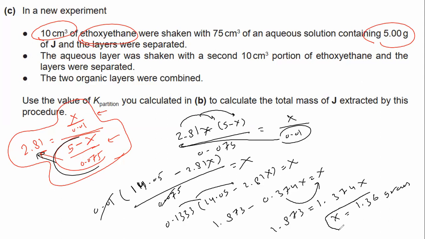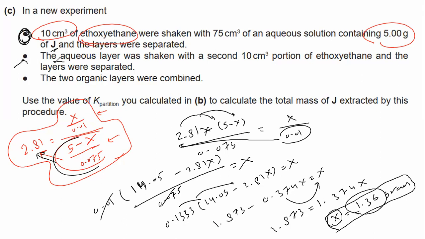I hope, guys, you don't forget what we are talking about after doing all of this math. So what is this X, guys? This X is the amount of G that goes to the ethoxyethane layer in the first experiment. In the first experiment, the amount that goes is 1.36.